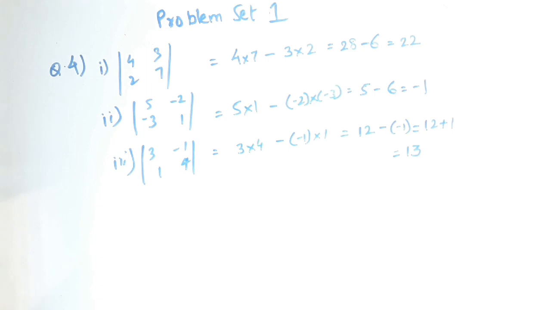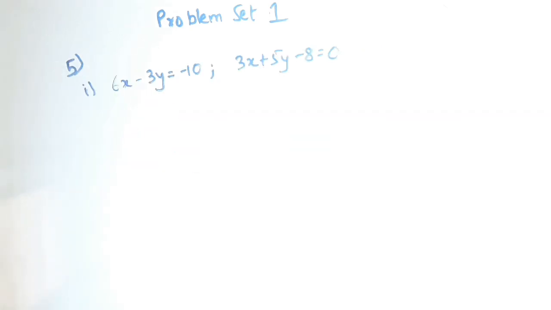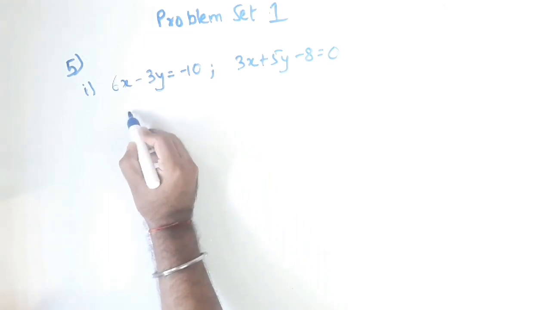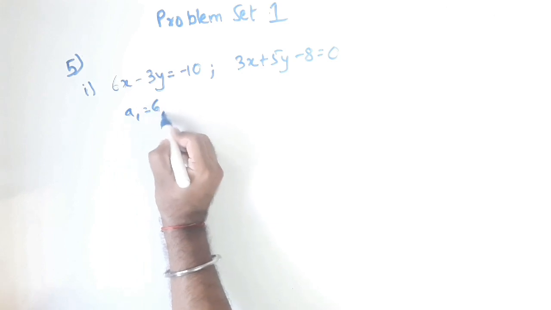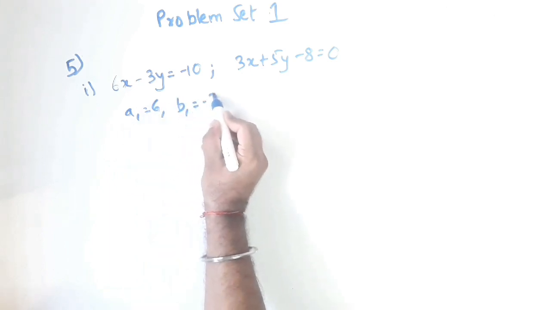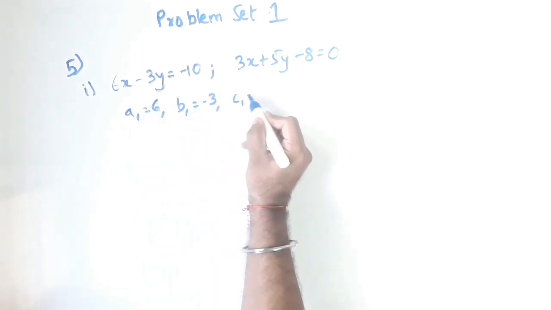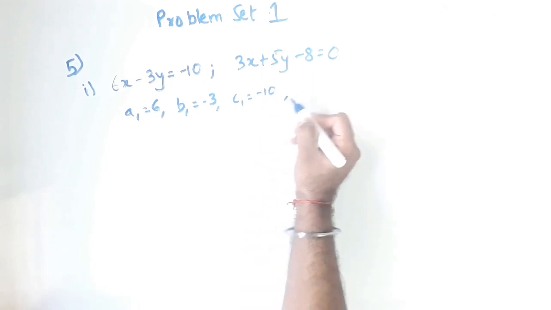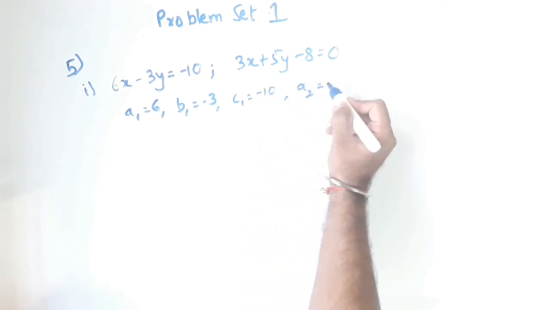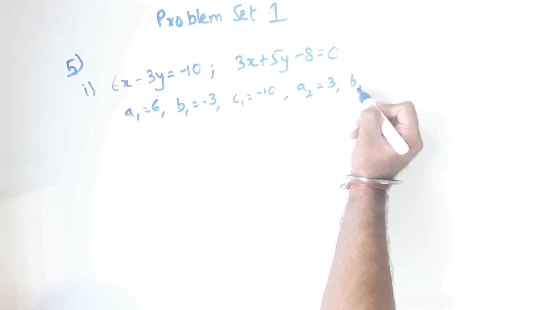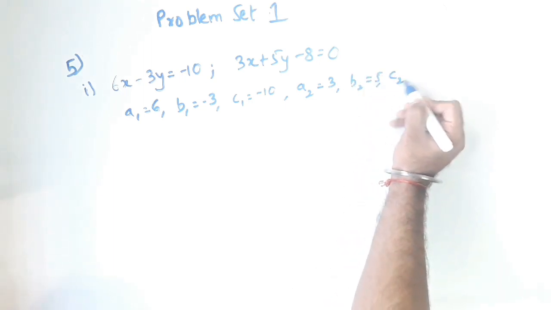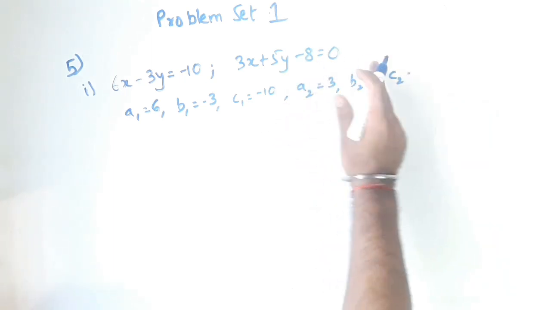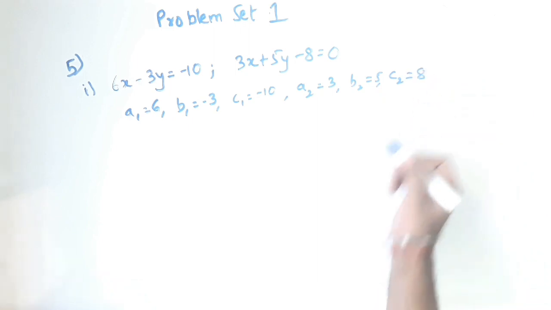Let us move on to question number 5. We'll be doing this by Cramer's rule, and you know it is very easy. First I'll mention what is A1. A1 is 6, B1 is minus 3, C1 is minus 10, A2 is 3, B2 is 5, and C2 is, if I take it here, it will be plus 8.